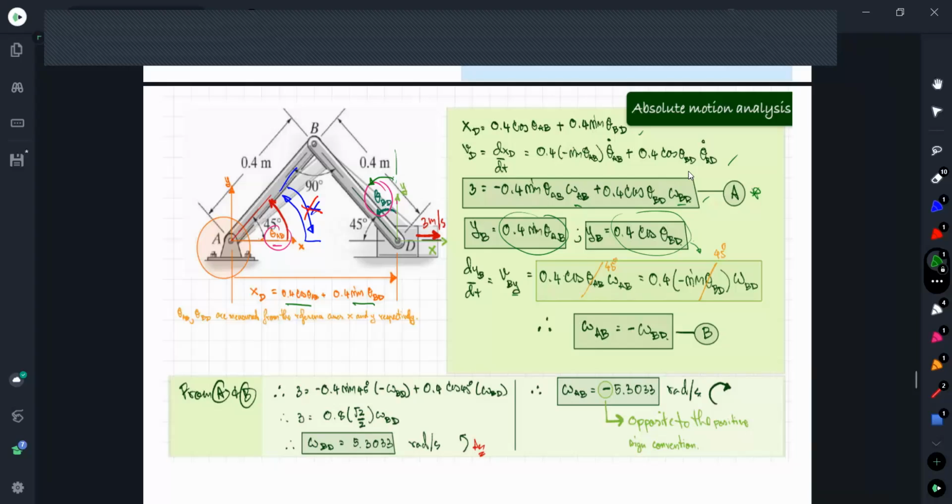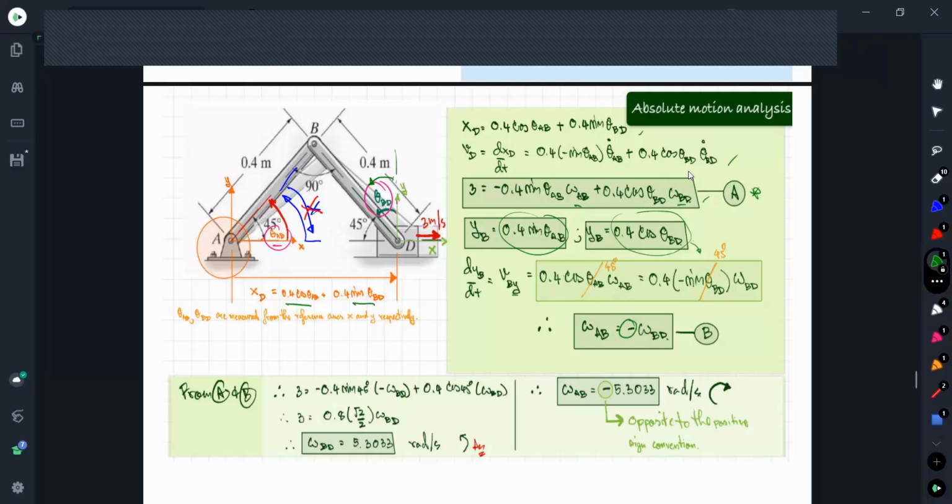This is equivalent, so we conclude that the magnitudes of omega AB and omega BD are equivalent, but the direction is not. Omega AB is counterclockwise as we assumed, but omega BD is clockwise, because we set up counterclockwise as positive.